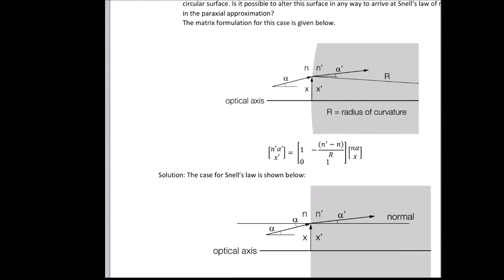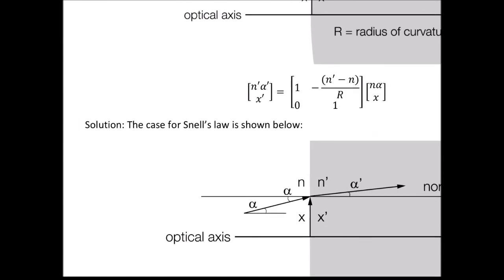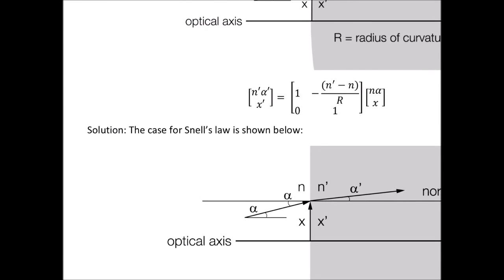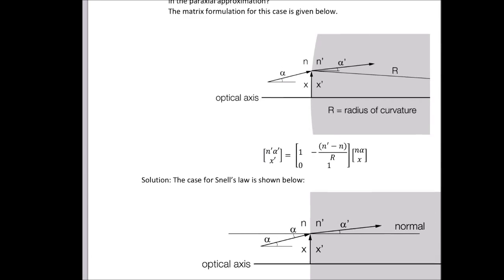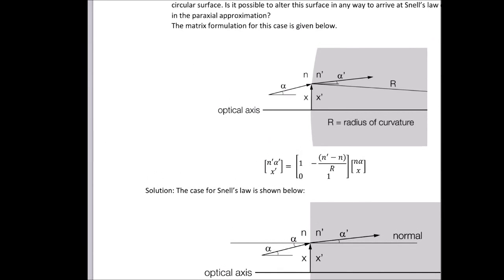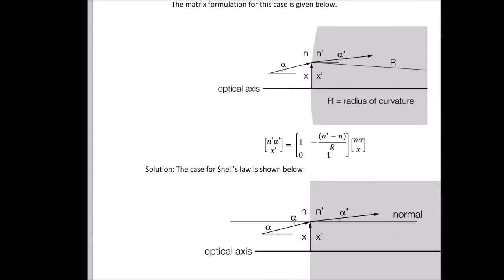The case for Snell's law is shown over here. So is it possible to do any kind of manipulation to the problem and the matrix to go from the case above to the case below and essentially simply write what Snell's law would be? So why don't we think about this for a moment?